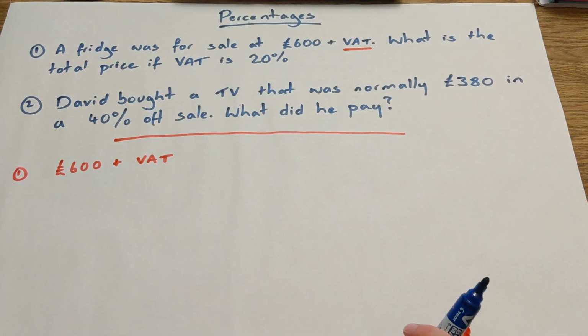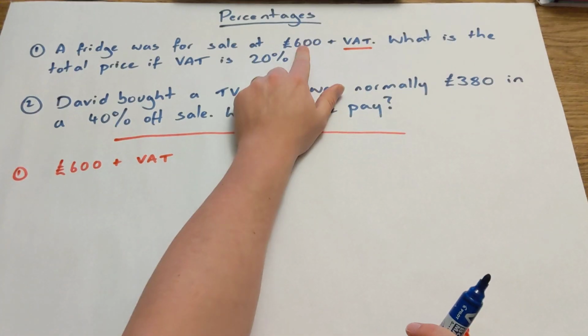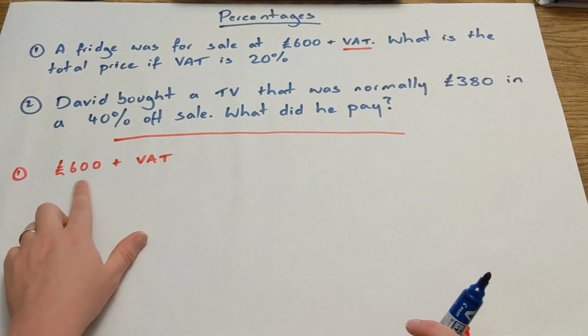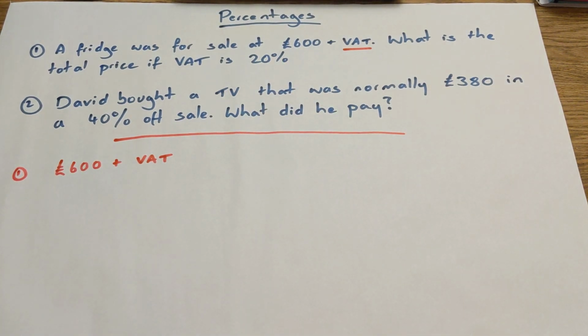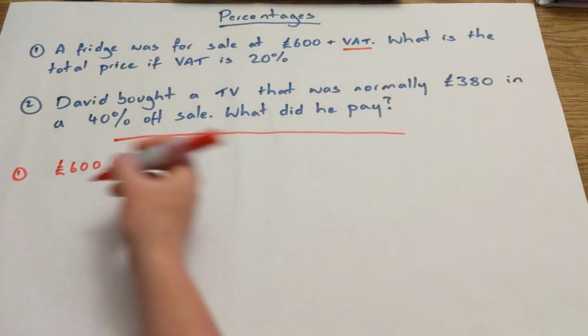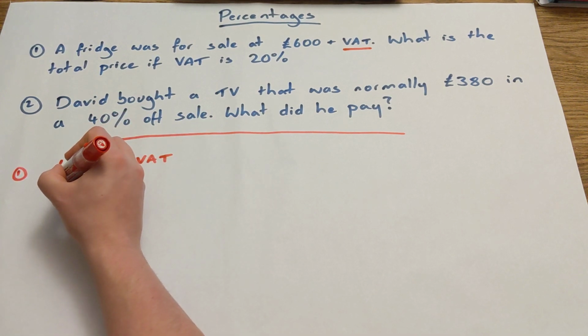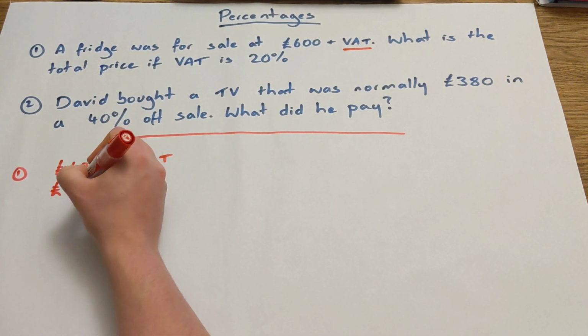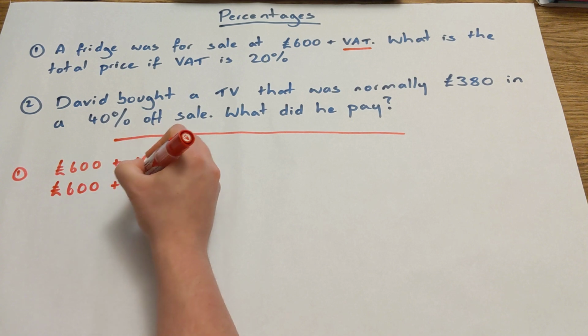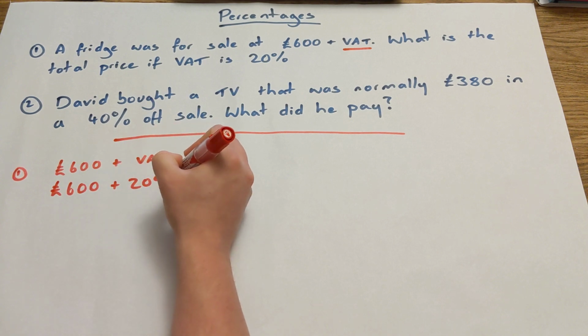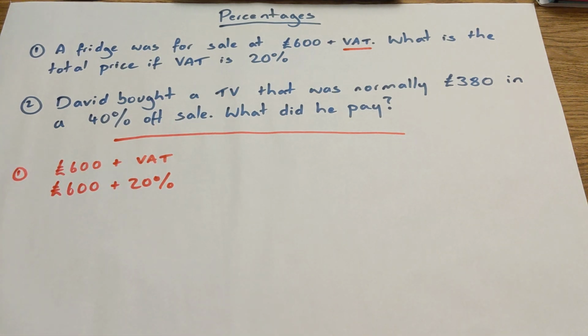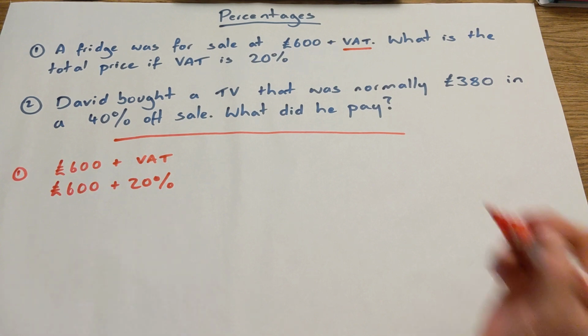So what we need to do is work out what 20% of 600 is and just add that on, and that will give us our total price. So what I'm going to write down is just what that is. So that's 600 plus 20%.